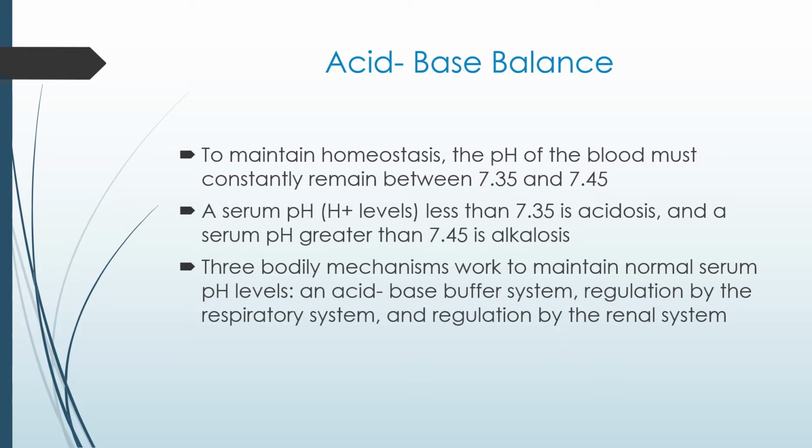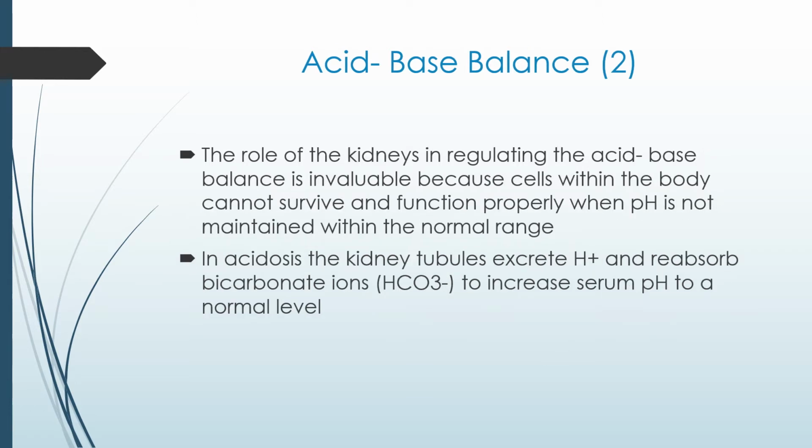So an acid-base buffer system, regulation by the respiratory system, and then regulation by the renal system is all going to work to maintain this normal pH level that is so important. So the role of the kidneys in regulating the acid-base balance is invaluable because cells within the body cannot survive and function properly when the pH is not maintained within the normal range. And we remember this from respiratory systems.